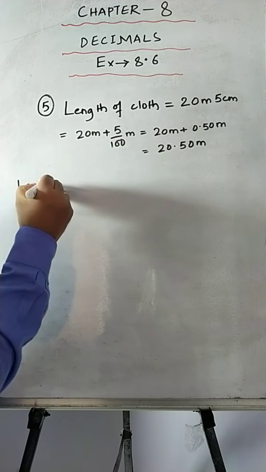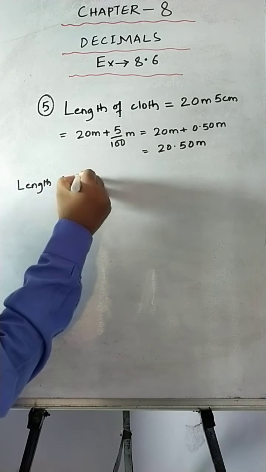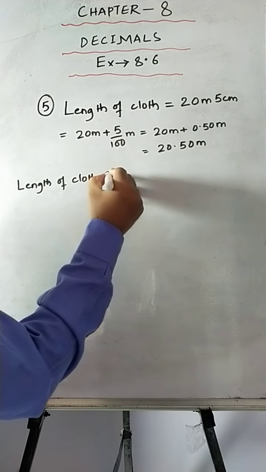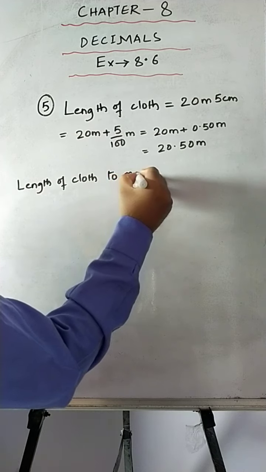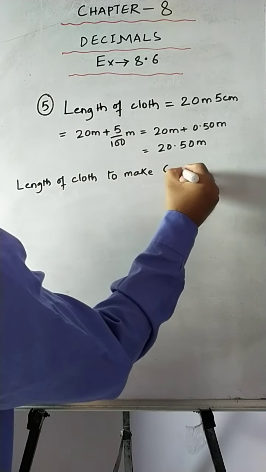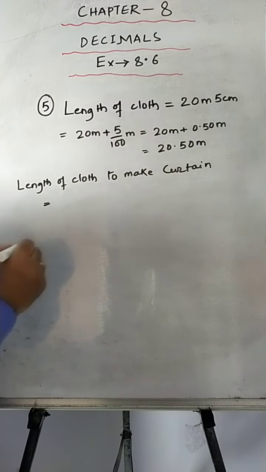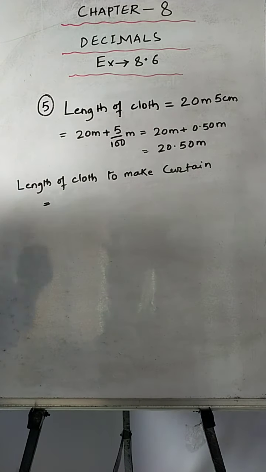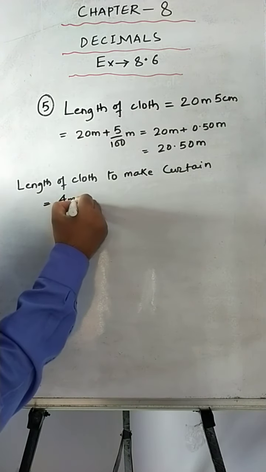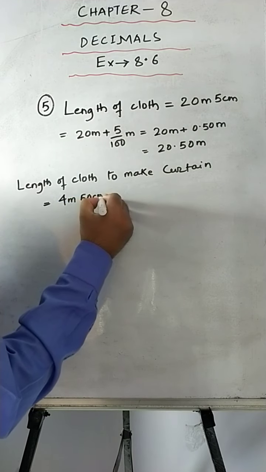Length of cloth to make curtain, and that would be equals to what? 4 meter 50 centimeter.